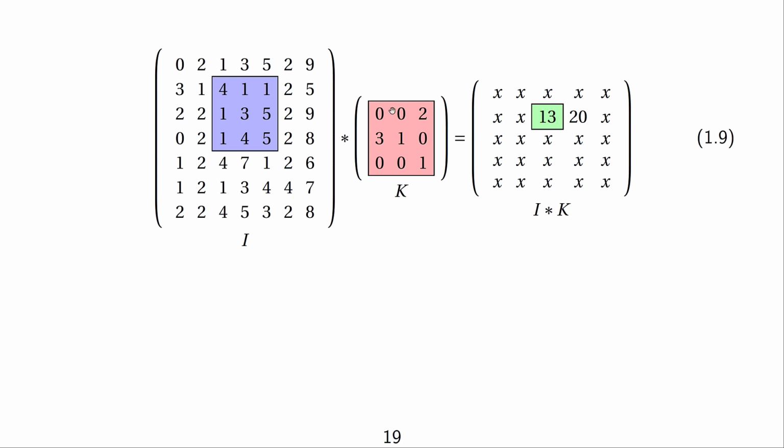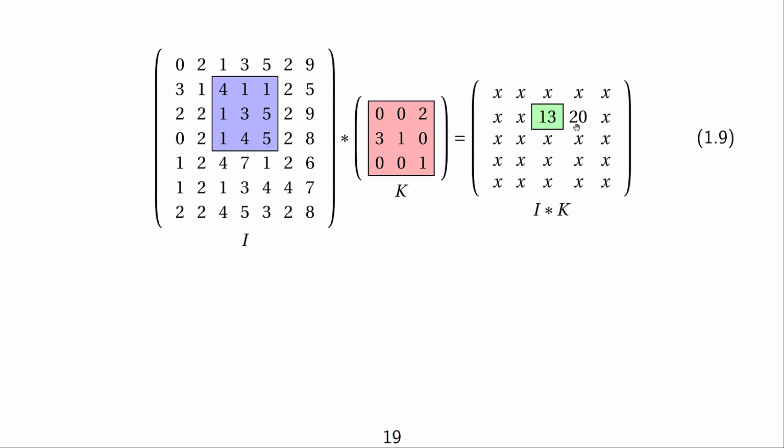So 4 is registered with 0, so we compute 4 times 0 plus 1 times 0 plus 1 times 2 plus 1 times 3, 3 times 1, and so on and so forth. And the final result is going to be 13. So the final result is shown here in this green pixel that gives us 13. The x's here just denote that I was too lazy to compute all the output values.